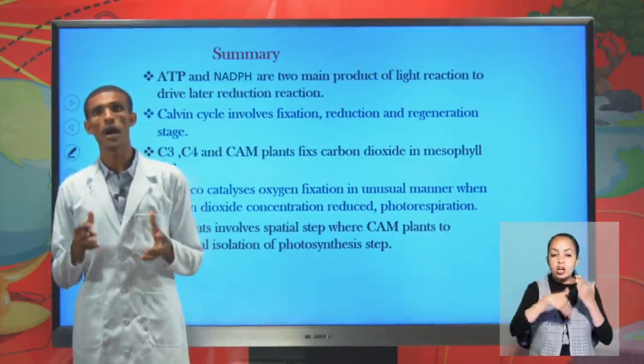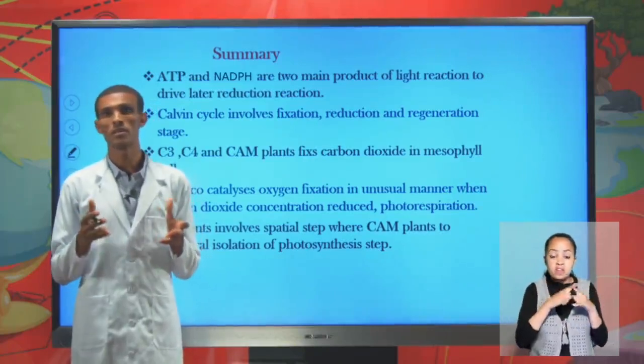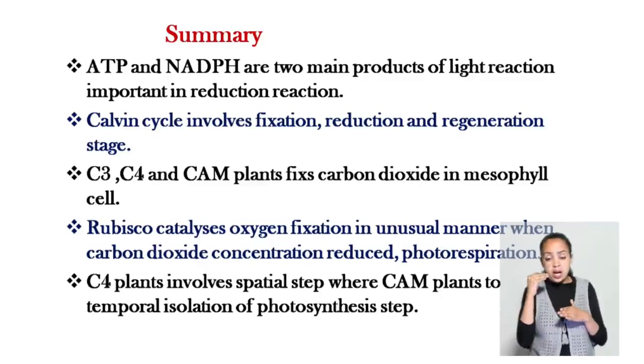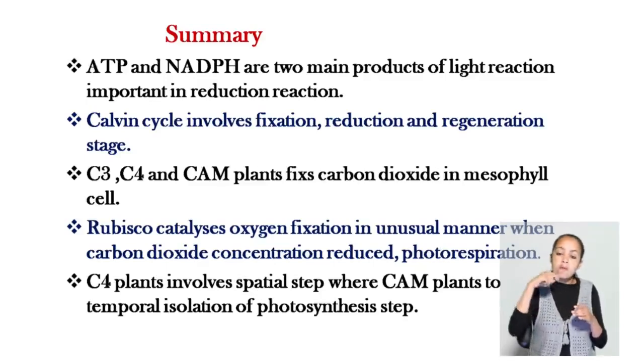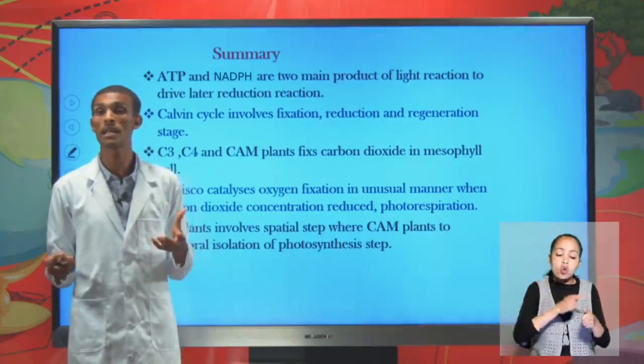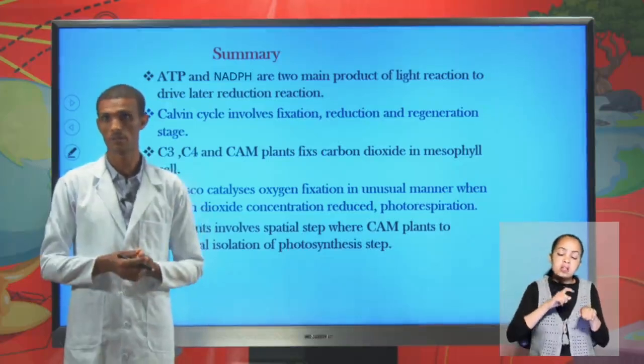Generally again, we have seen the difference between C3, C4 and CAM photosynthesis, seeing that carbon fixation commonly takes place in the mesophyll cell. Finally again, we have seen that C4 plants evolved with a spatial separation step of photosynthesis, whereas CAM follows a temporal or seasonal adaptation of photosynthesis.